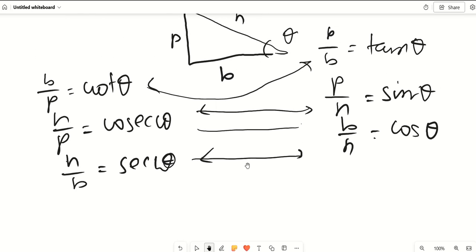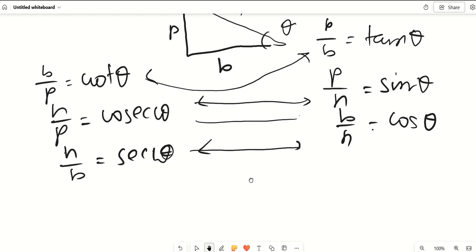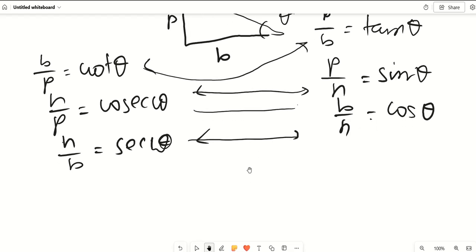So basically, I want to say that if you already know the ratio for that angle, then you can find the rest of the sides. In the next class, you will remember the ratios for some fixed angles, like most of the time we use the 30 degree angle, right?